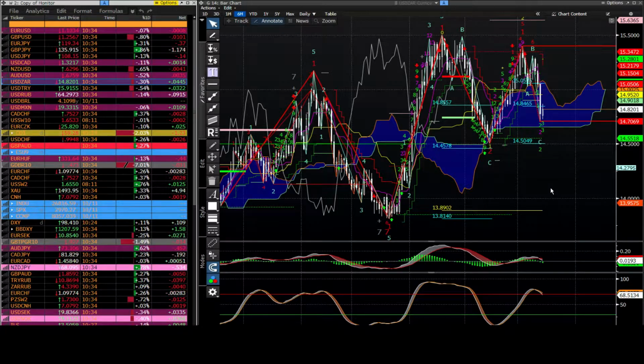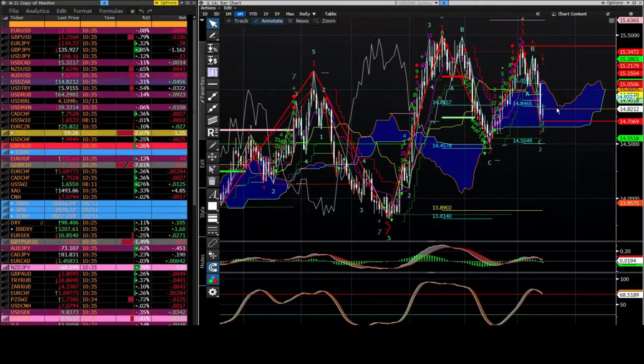Looking once again at the slow stochastics and the moving averages, there is definitely some downside space. However, today it feels like the market wants to consolidate a little bit. I wouldn't be surprised if we try back towards 14.90, 14.95, but then over the next week or two, I think that it would definitely go lower.